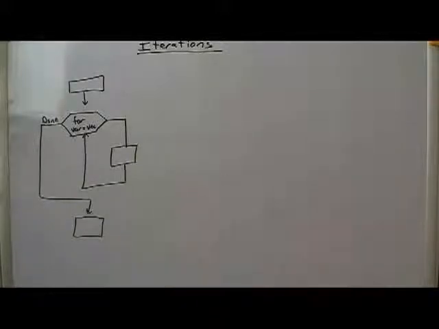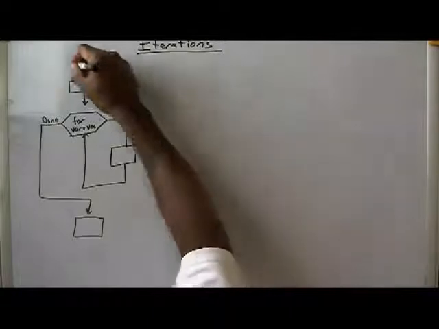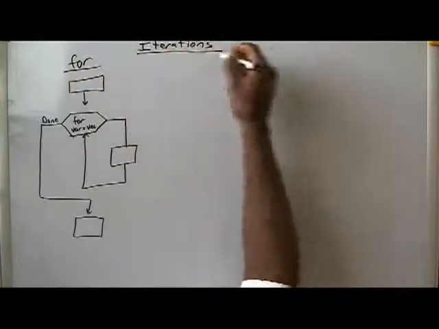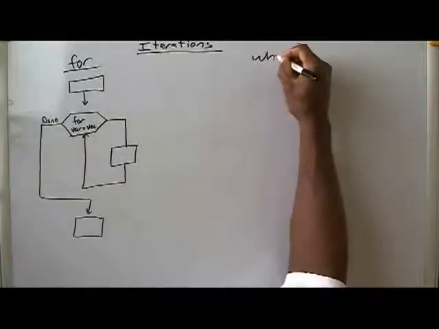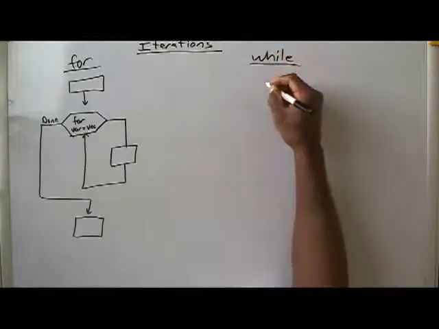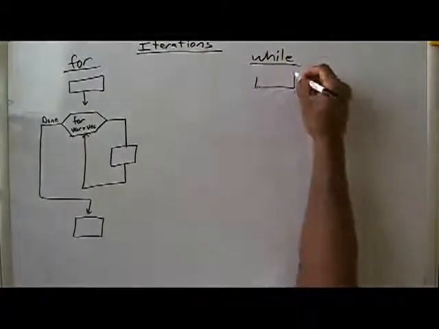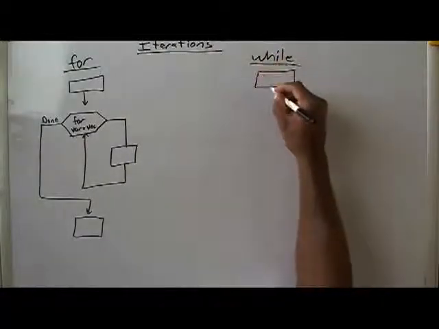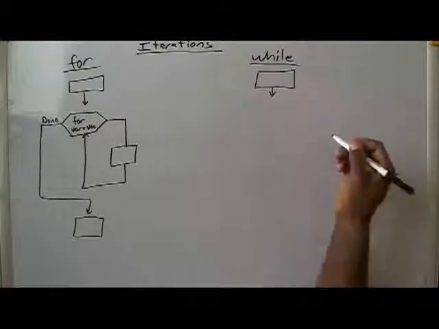Now let's compare and contrast that to a while loop. So this is for, and then over here we're going to look at the while loop. The while loop is a little different. Once again, you're executing some block of code.